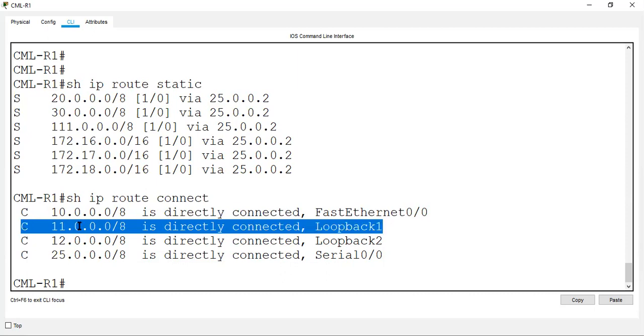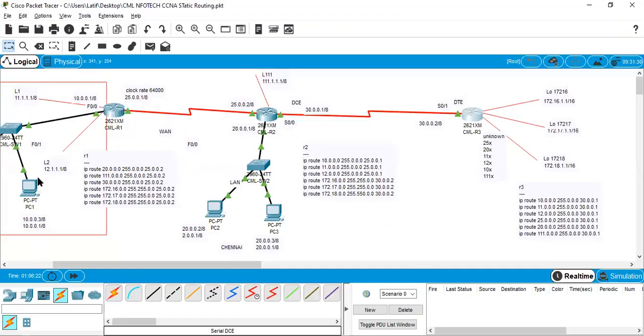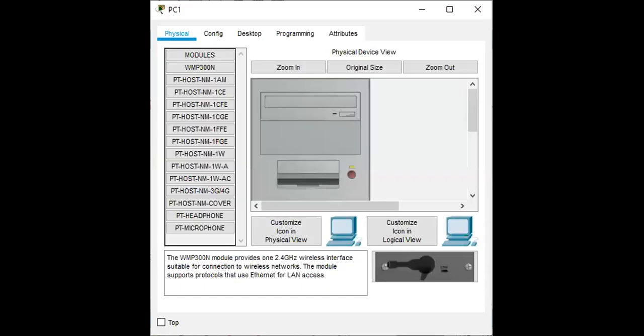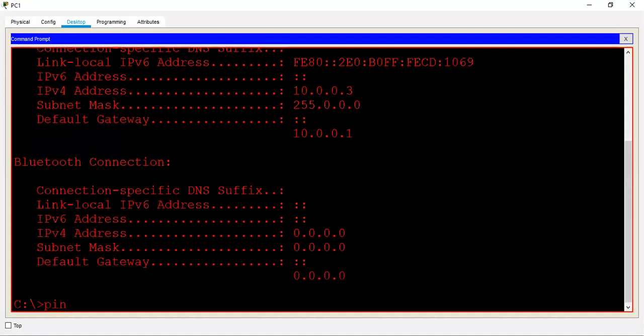So it will forward it to the loopback 1. So let us ping from this PC. IP config. So this is 172.18.1.1.